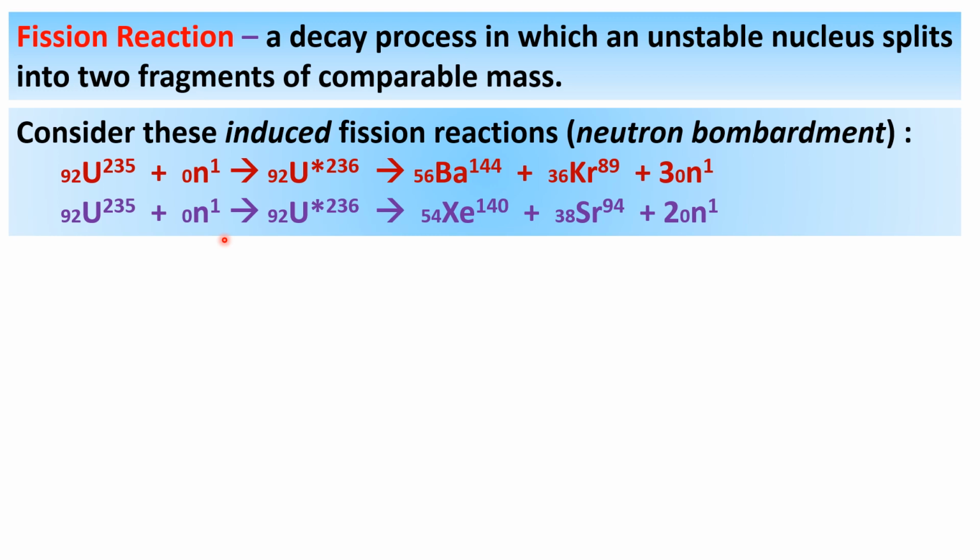When you say slow moving, the neutron should have a kinetic energy of 1 kilo electron volt. But uranium-238 requires a neutron moving at a very high speed, such as 1 million electron volts. So under ordinary conditions, we say that uranium-235 is more fissionable compared to uranium-238.